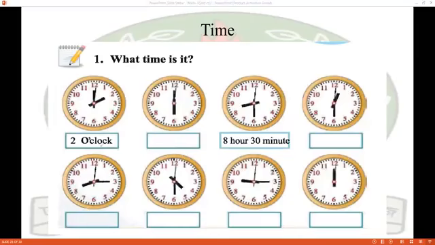There is 2 o'clock. You see that this is the hour hand, this is the minute hand, and this is the second hand. The hour hand indicates the 2, and the minute hand indicates the 12. The minute hand just completed its point, and the second hand also completed its point.